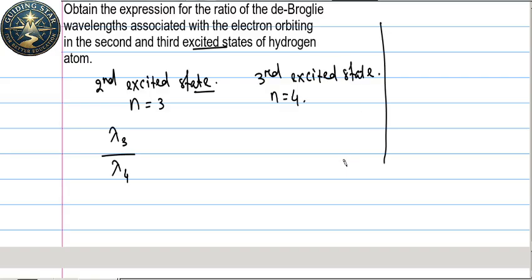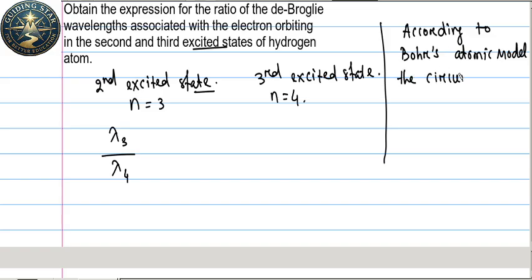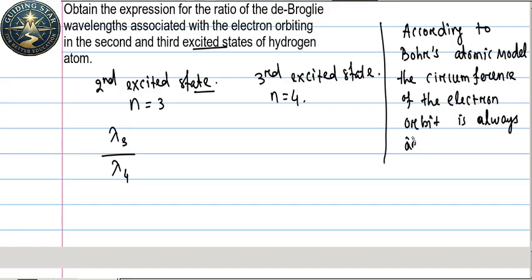So we know that according to Bohr's atomic model, the circumference of electron orbit is always an integral multiple of de-Broglie wavelength.